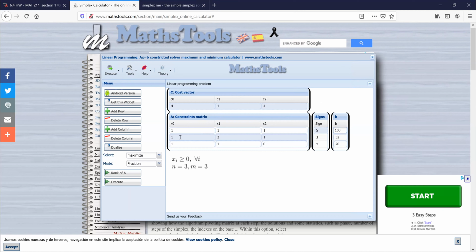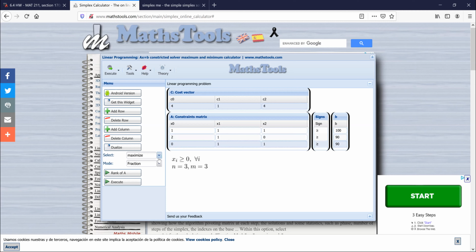And then we have 2, 1, 0, greater than or equal to 90. And then 0x, 1y, 1z, greater than or equal to 90.